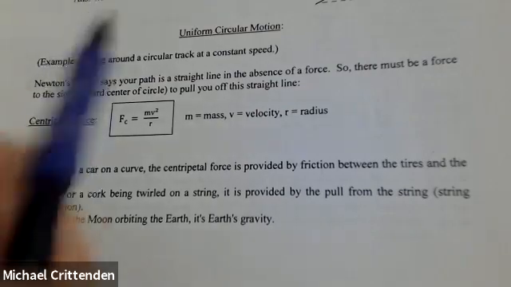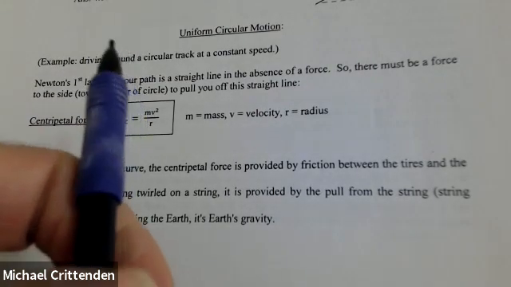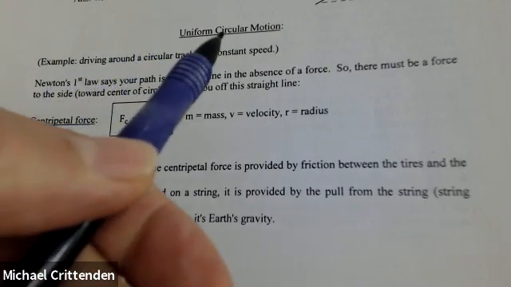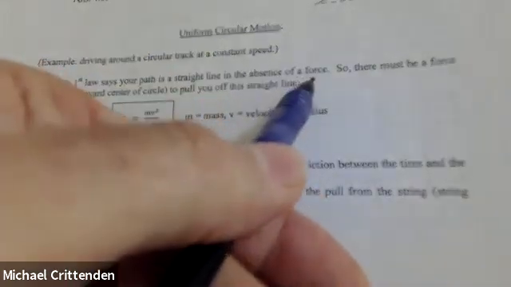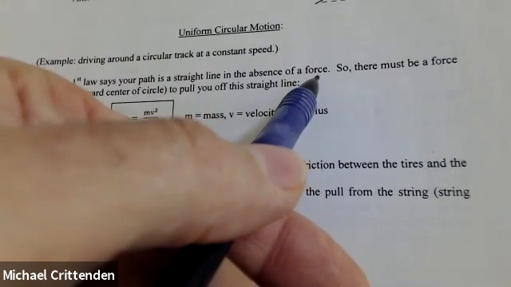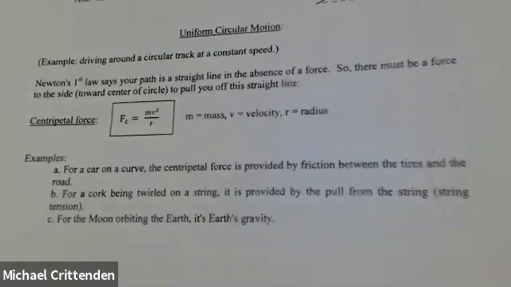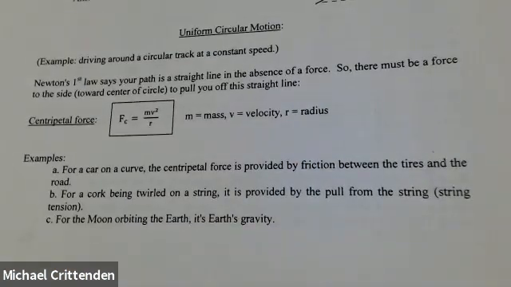So, first of all, if you're going to follow that curve, there has to be a force pulling you to the side. That's furnished, in this case, by the friction between the tires and the road. Because think about what happens if that force is missing. What if there's been an ice storm?